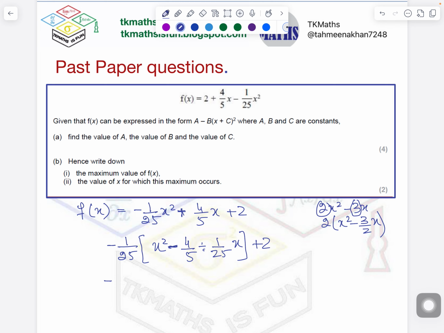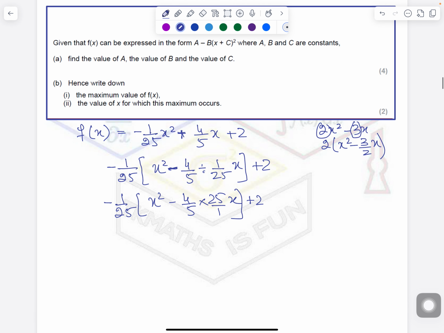So now I have to simplify the bracket first before changing it into completing square form. No need to rush anything. Do it stepwise so that the chances of error can be reduced. Okay.